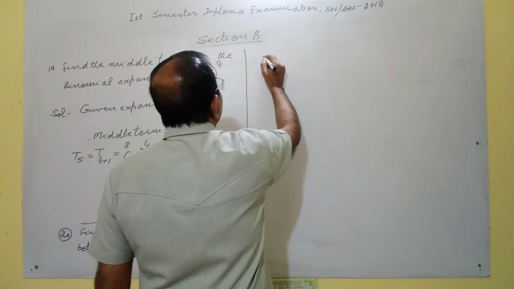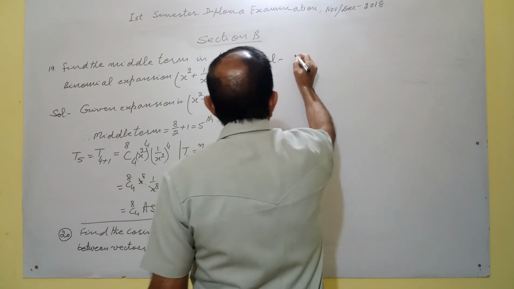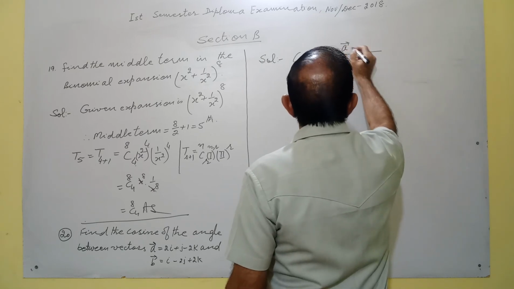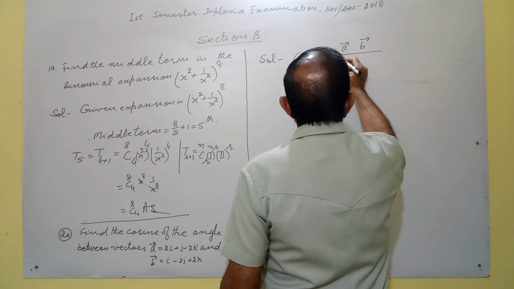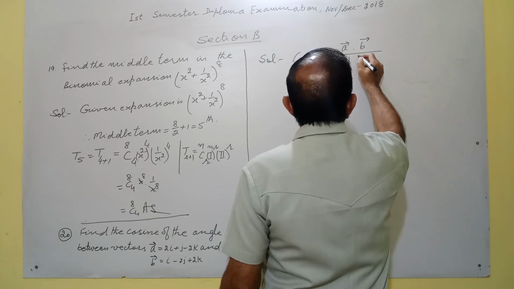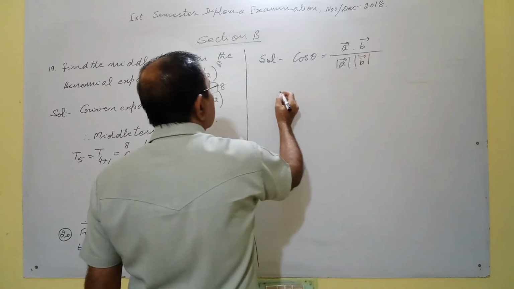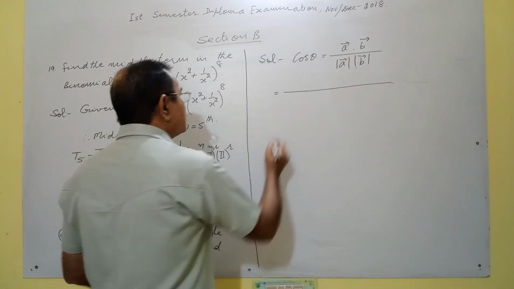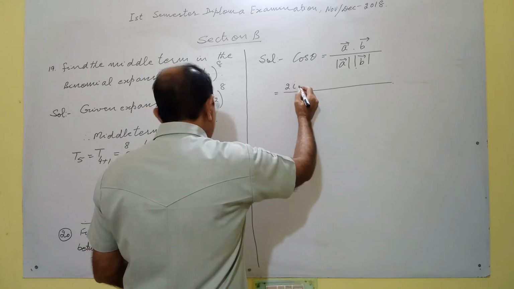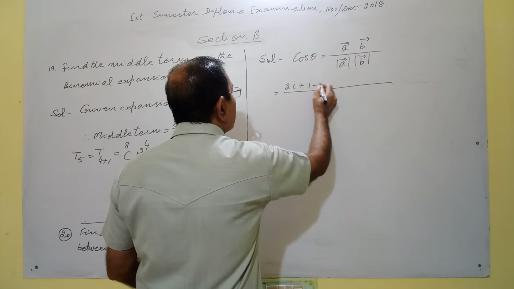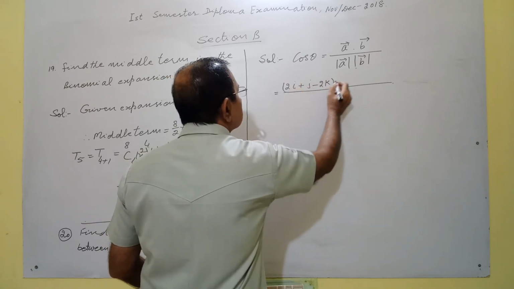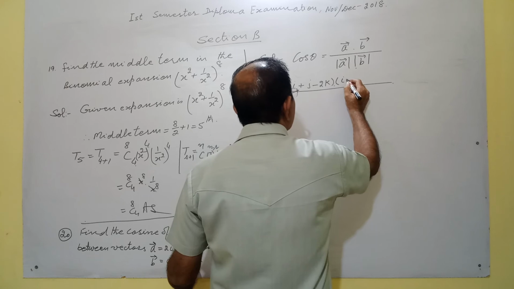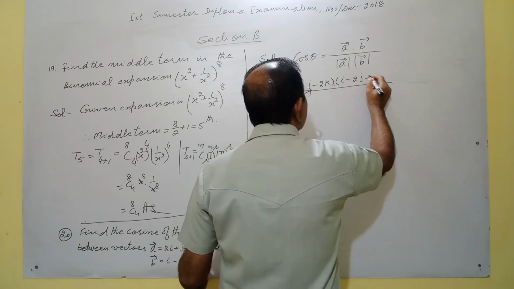The cosine of the angle, cos theta between two vectors, is given by A dot B over mod A mod B. Thus it equals A, that is 2i plus j minus 2k, dot B, that is i minus 2j plus 2k.